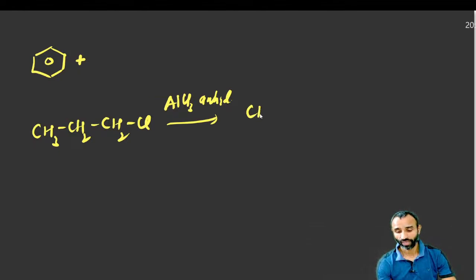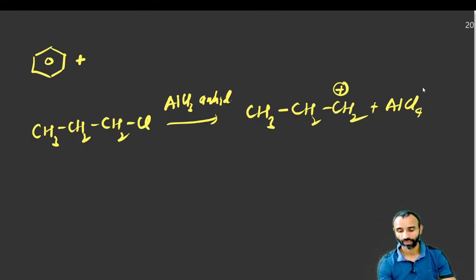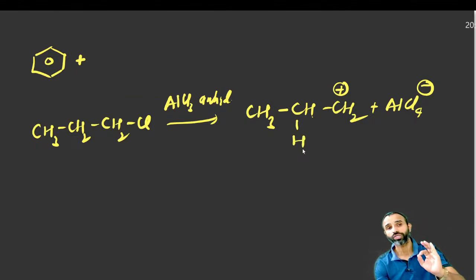When anhydrous AlCl3 is used, Cl is removed and we get this carbocation. This is a primary carbocation. But whenever a carbocation is formed, first of all the most stable carbocation is formed.